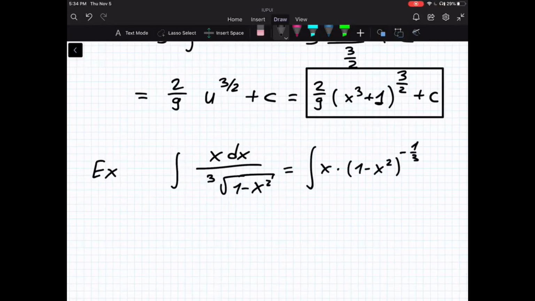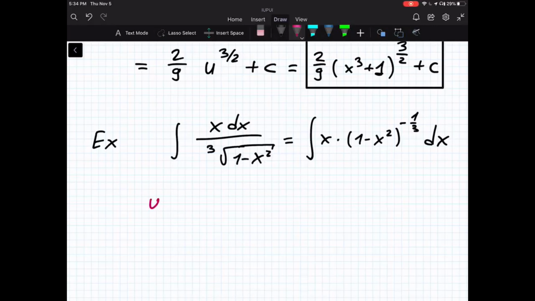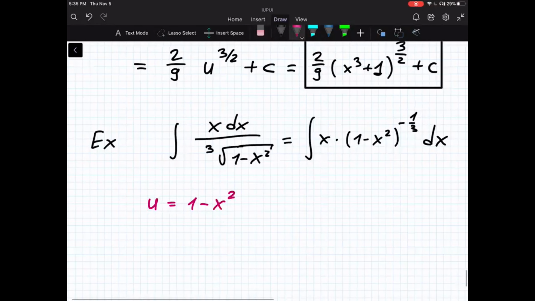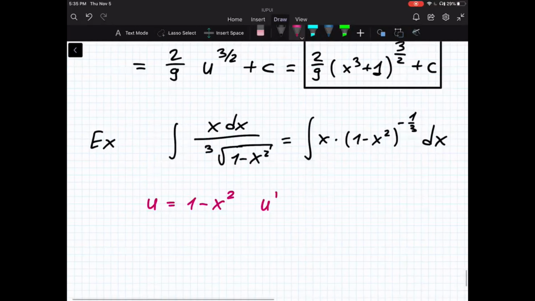Here, again, there is a natural choice for u, 1 minus x squared. But we need to check that there is also u prime in our integral, which in this case will be minus 2x. And indeed we have x, and minus 2 is just a constant.